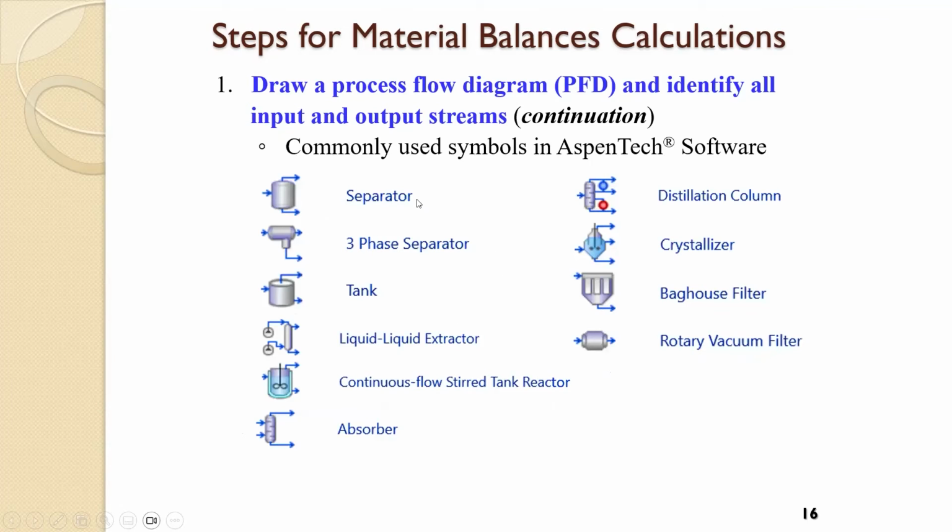So these are some commonly used symbols in AspenTech: separator, tank, liquid extractor, continuous flow stirred tank reactor, absorber, distillation column, crystallizer, baghouse filters, rotary vacuum filter. So you don't need to memorize how they look, because typically, sometimes we just draw boxes naman.